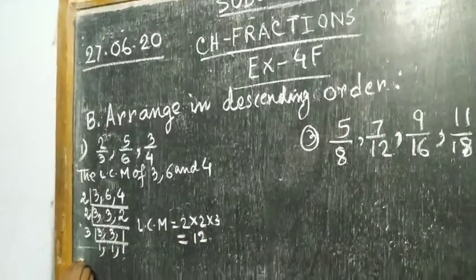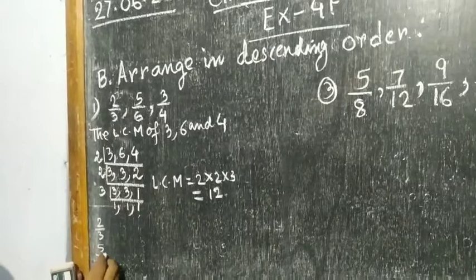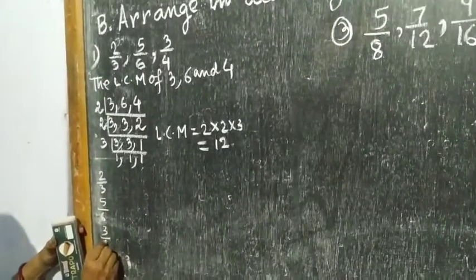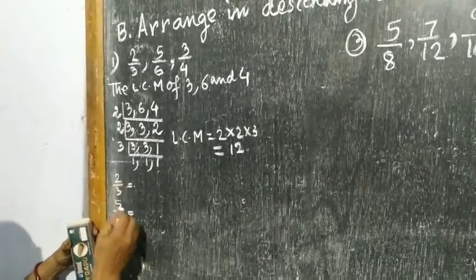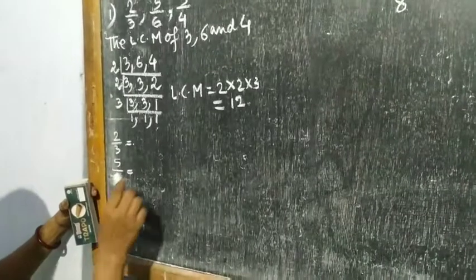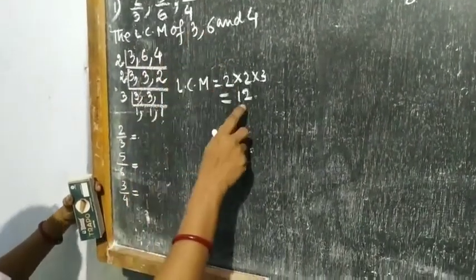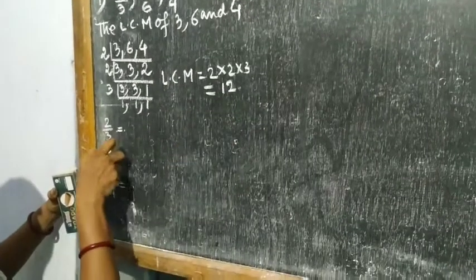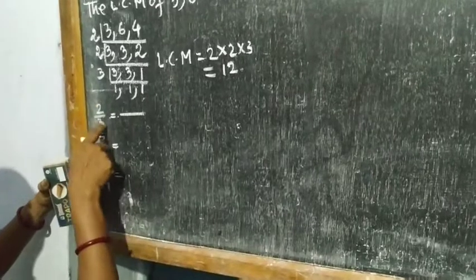Now children, you write the fractions 2 by 3, 5 by 6 and 3 by 4. You have to make the denominators of the three fractions 12 because your LCM of the denominators is 12. By which number do you have to multiply so that you can bring the denominator of 2 by 3 to 12?